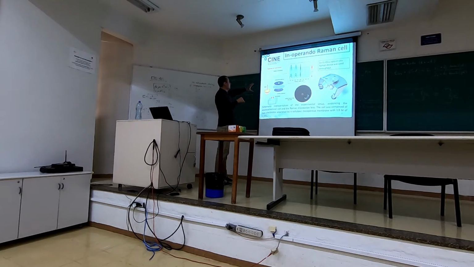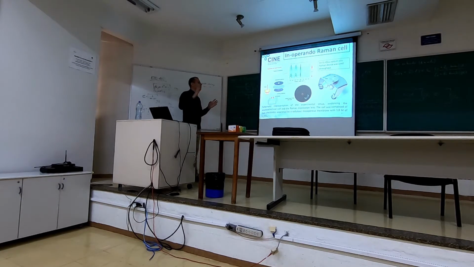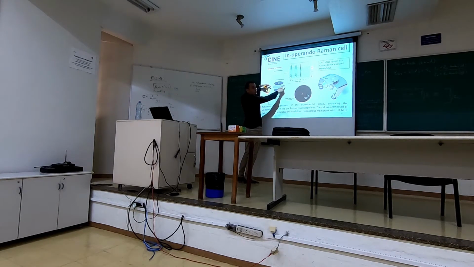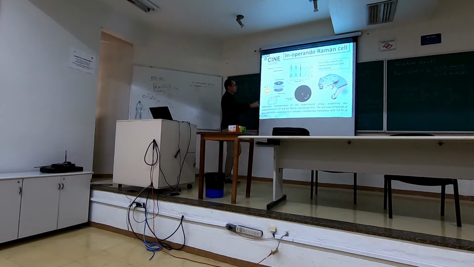Looking to the left, you can see a schematic representation of the experimental setup, showing the electrochemical cell and the Raman microscope. The cell is composed of two electrodes separated by a mesoporous membrane, and the counter-reference electrode and the separator have a hole in the center, just for the laser to reach the working electrode.